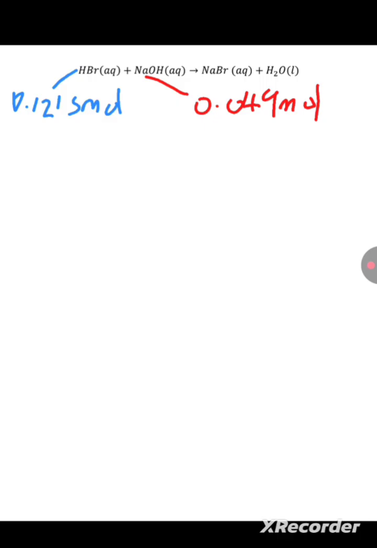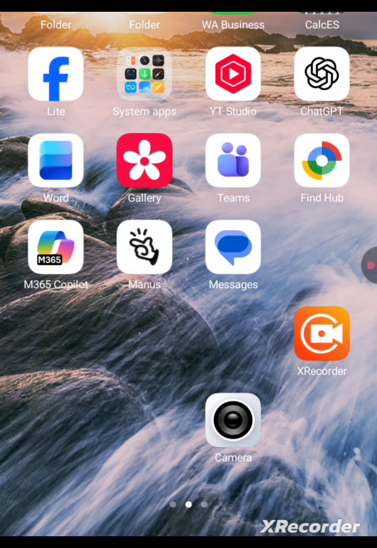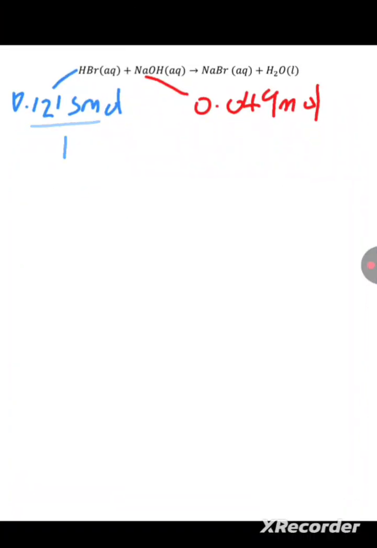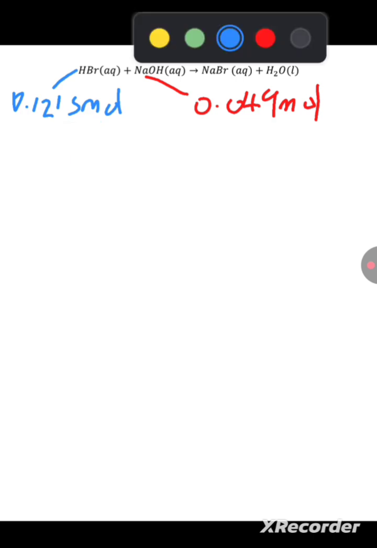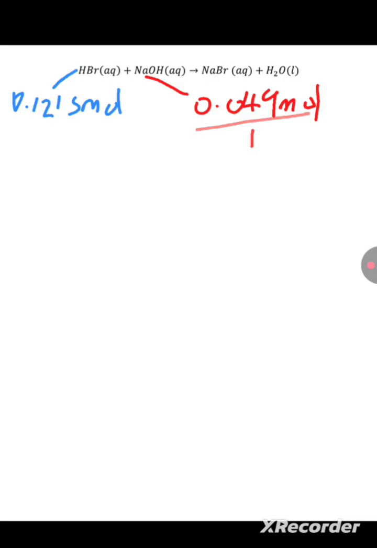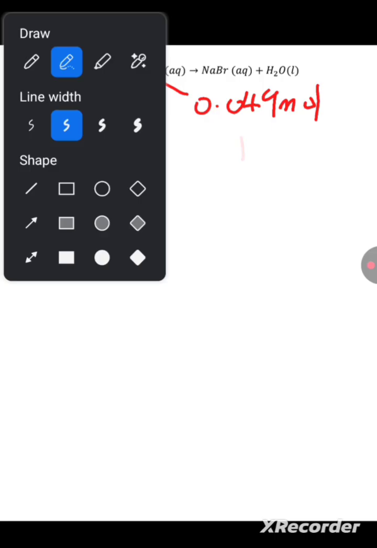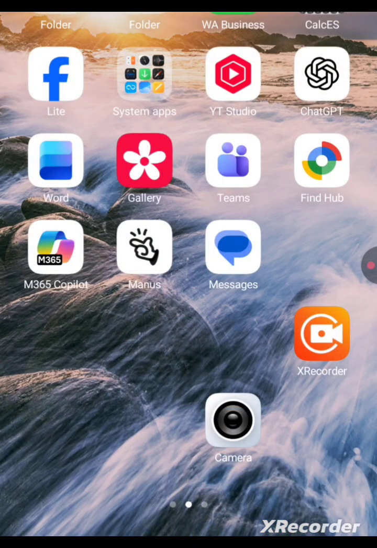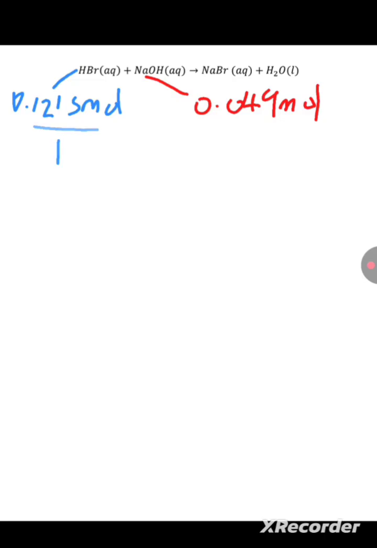My easiest way of identifying a limiting reagent is to look at the coefficients here and there. I divide this number of moles by the coefficient, which is 1, and the coefficient of the acid is also 1, so I divide by 1 there.